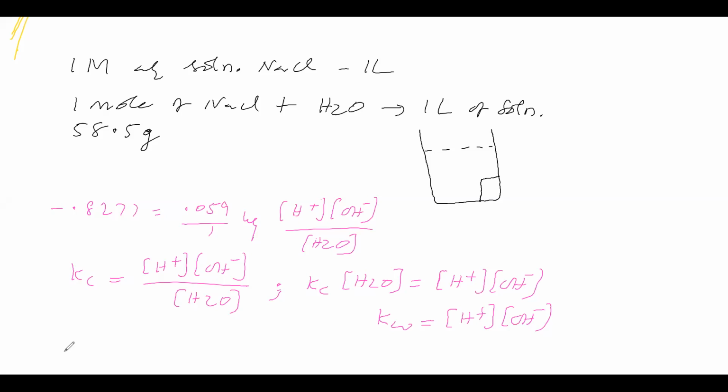So we convert this equation like this: minus 0.8277 equals 0.059 log of concentration of H plus into concentration of OH minus.